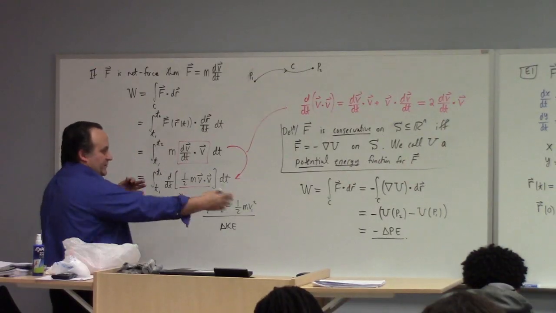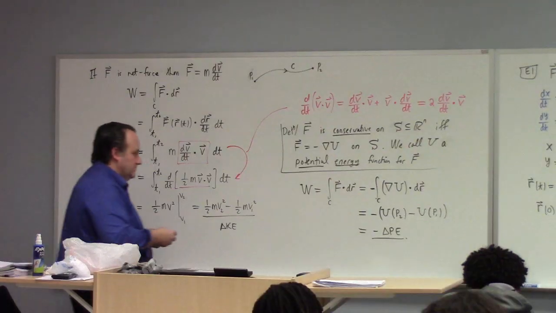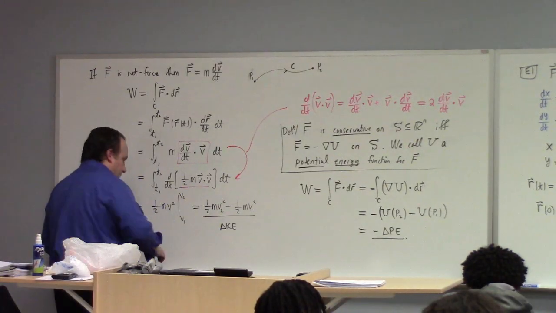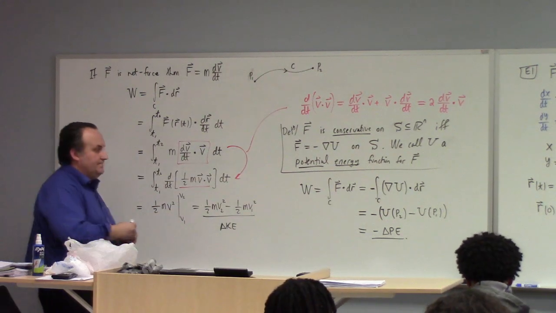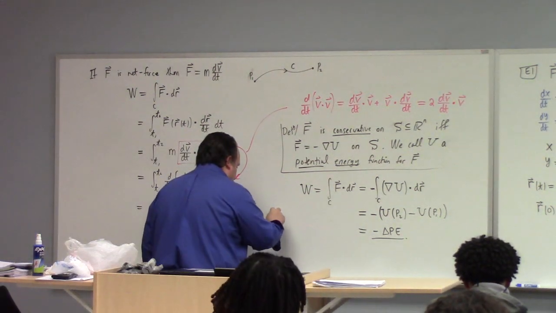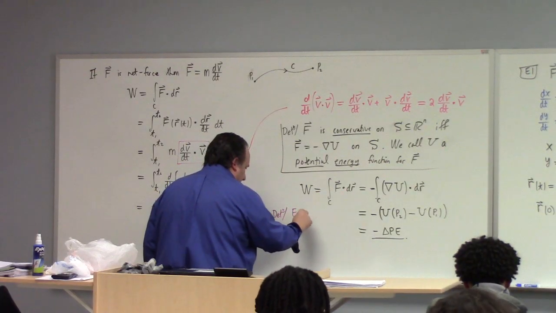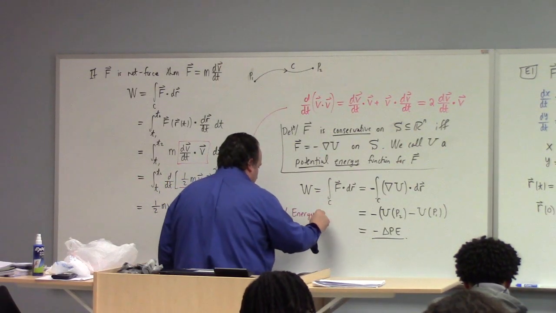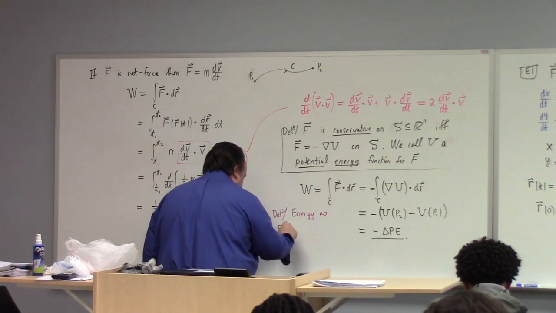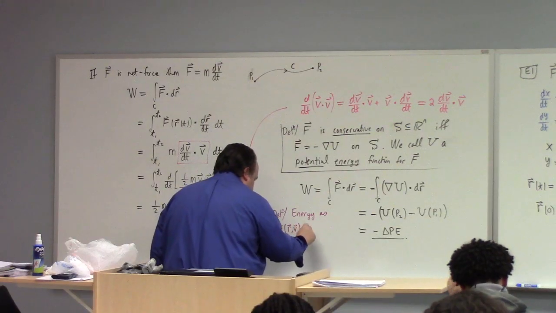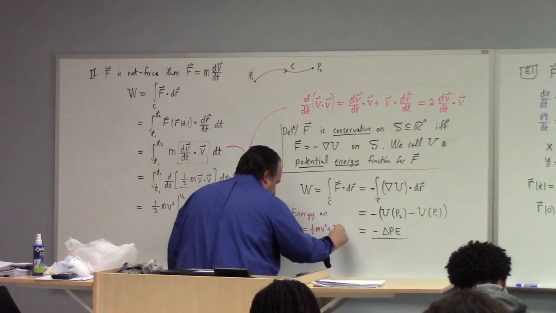And so when you put these two things together, what do we have? If the net force is a conservative force, we can define energy as E of R comma V, and it's 1/2 mv squared plus u of r.